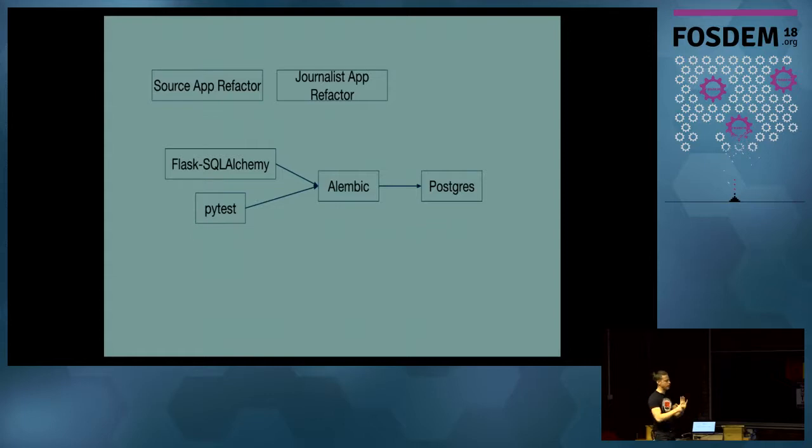So even to make this one change of preventing the source application from being able to read the data, like the password hashes and usernames of journalists, it's many steps to get away from this. And so it's not actually a terribly interesting task. This is what I do day to day, and it's actually quite boring.